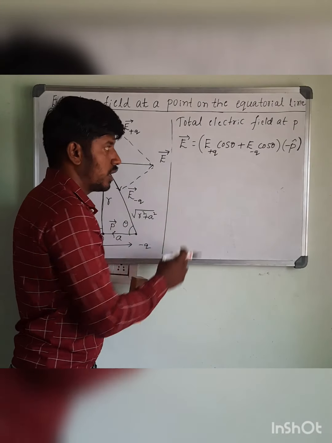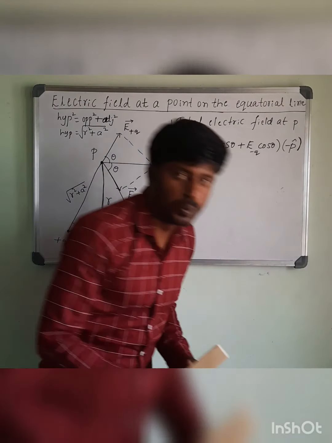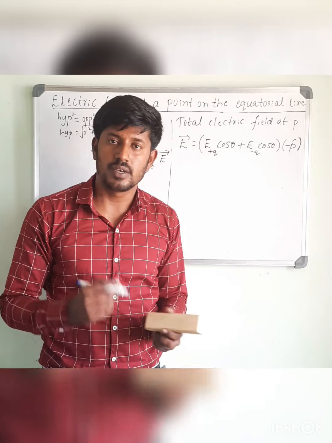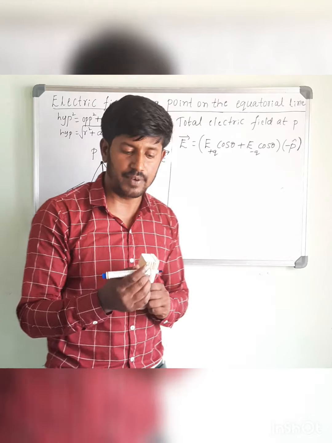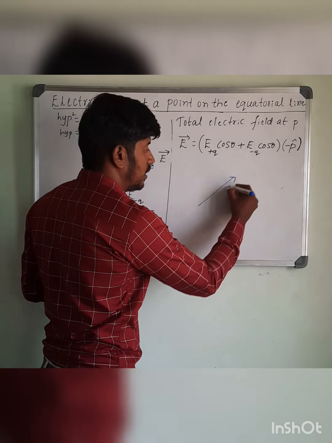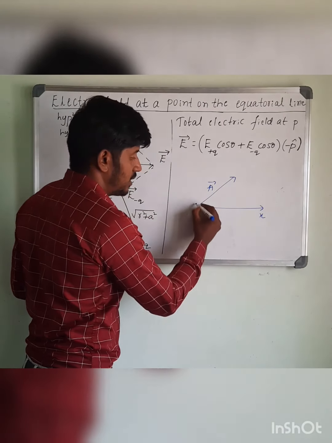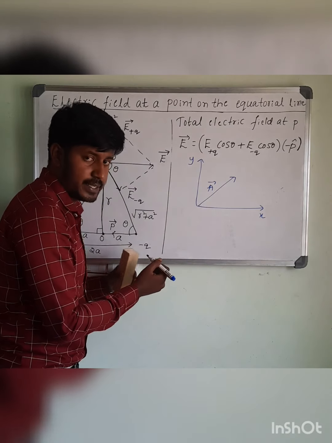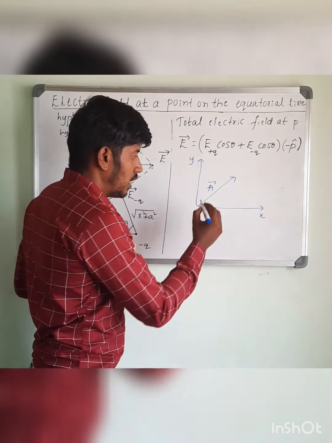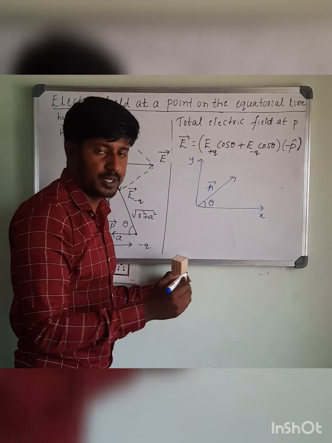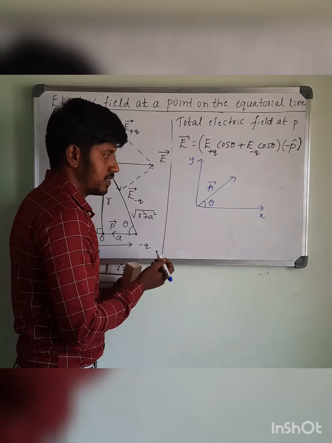Why E plus Q cos theta? Because we have to look at the first PU chapter, that is vectors. In vectors we already studied the rectangular components of any vector. If you consider any vector, it has two components. One component is along the x-axis, another component is along the y-axis. This vector has both magnitude as well as direction, and the direction of this vector is always measured by an angle with respect to the x-axis, because this is the reference.